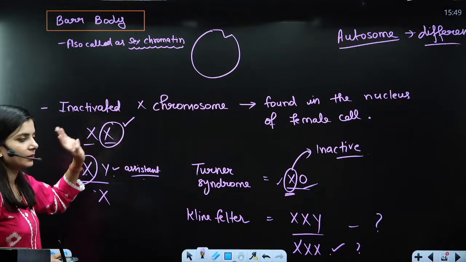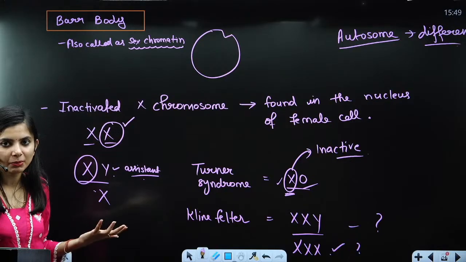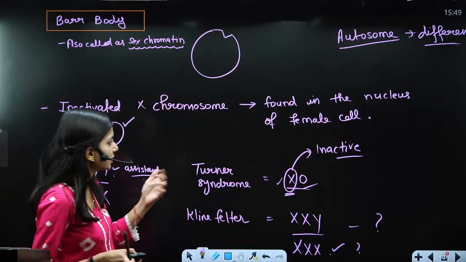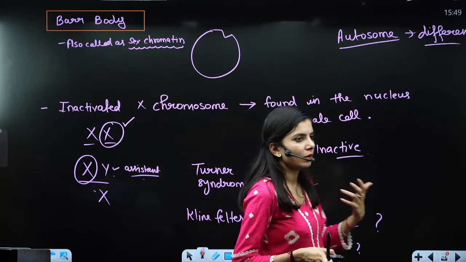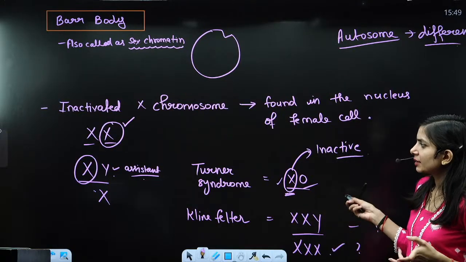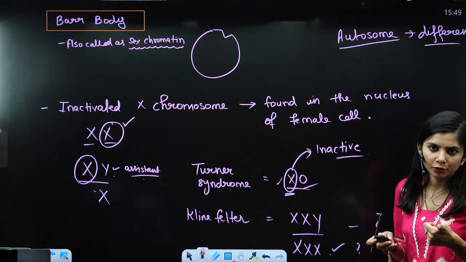So this is something related to the Barr body. With the help of the analysis of the Barr body we can understand that one is inactive, and we can analyze this for defining the syndrome and all other parts.